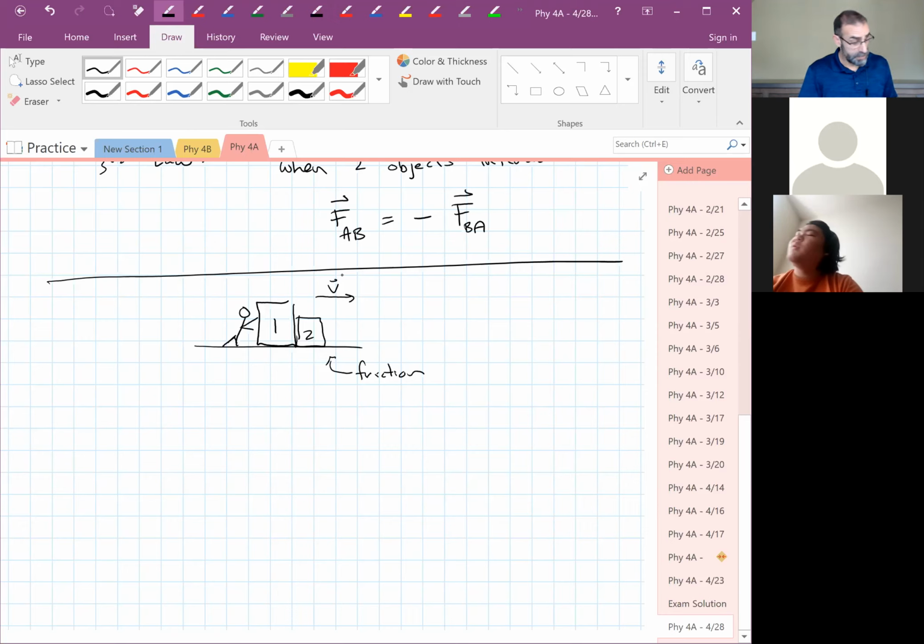Okay, so the person's pushing them. Let's draw free body diagrams for the person, block 1 and block 2.